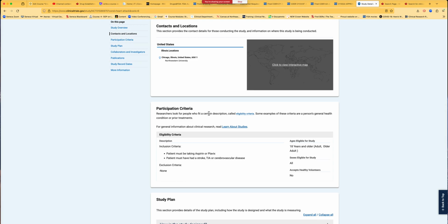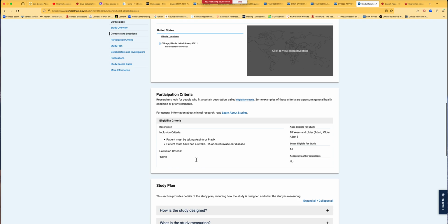Who is eligible? What are the inclusion criteria to include a subject, and what are the exclusion criteria to exclude a subject? So here we see that we had no exclusion criteria. Patients had to just take aspirin or Plavix, and patients had to have had a stroke or other cerebrovascular diseases.